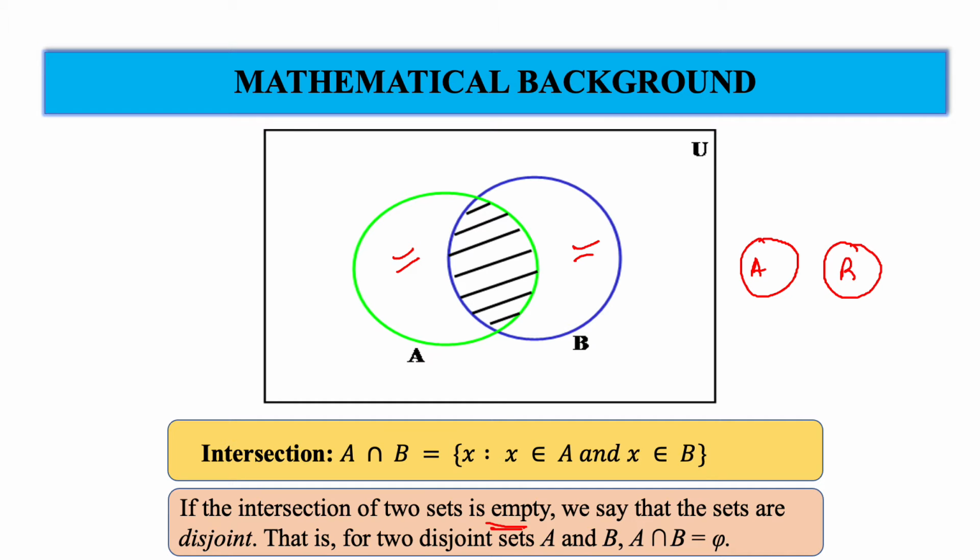This is A, this is B, they are part of the universal set U. So there is no common element between A and B. So we say that they are disjoint, and for disjoint sets the intersection of A and B is the null set or empty set.